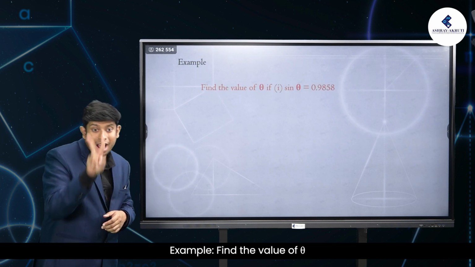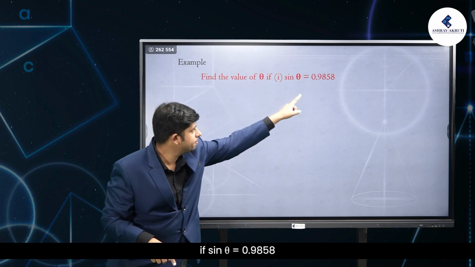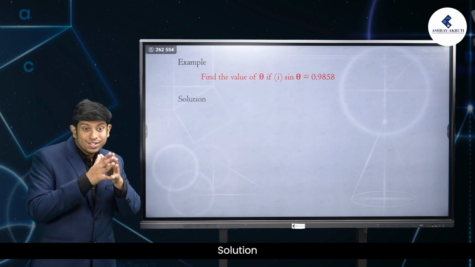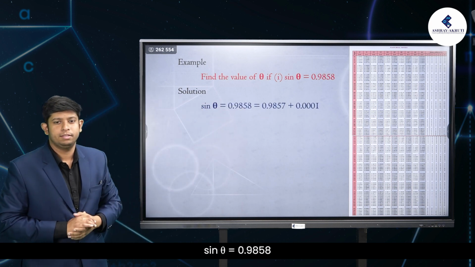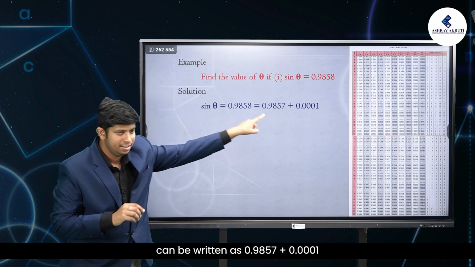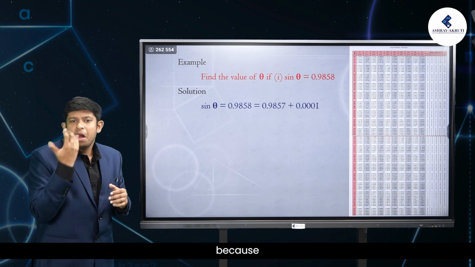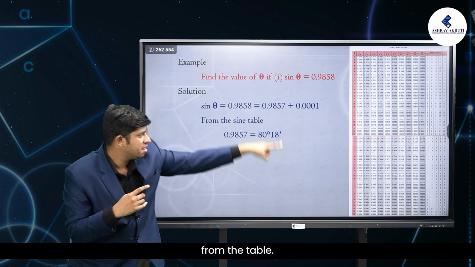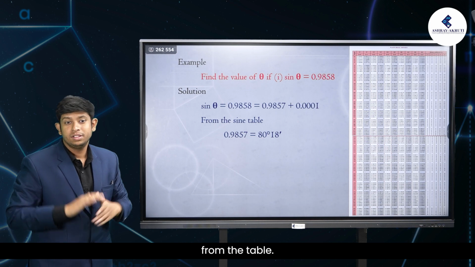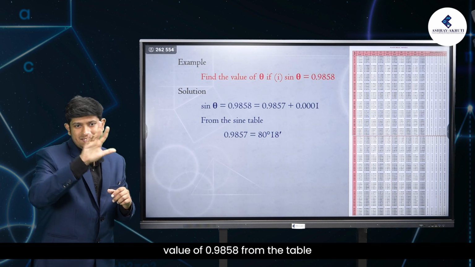Example: find the value of theta if sin theta is equal to 0.9858. Solution: sin theta is equal to 0.9858 can be written as 0.9857 plus 0.0001, because we cannot find the value of 0.9858 from the table. So, we are selecting the nearby value of 0.9858 from the table.